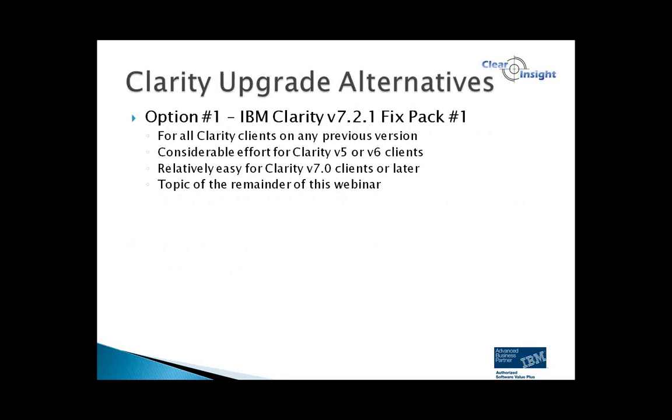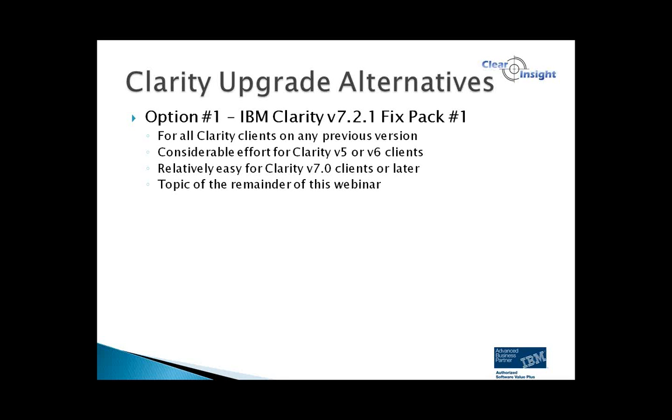And so just my last slide before I turn it over to Kit is our Clarity. What alternatives do you have? Obviously, the first alternative is move from Clarity 5 or 6 or earlier versions of 7 to get yourself to 7.2.1 Fix Pack 1. This is valid for every one of you, provided, of course, you're up to date on your maintenance fees with IBM.